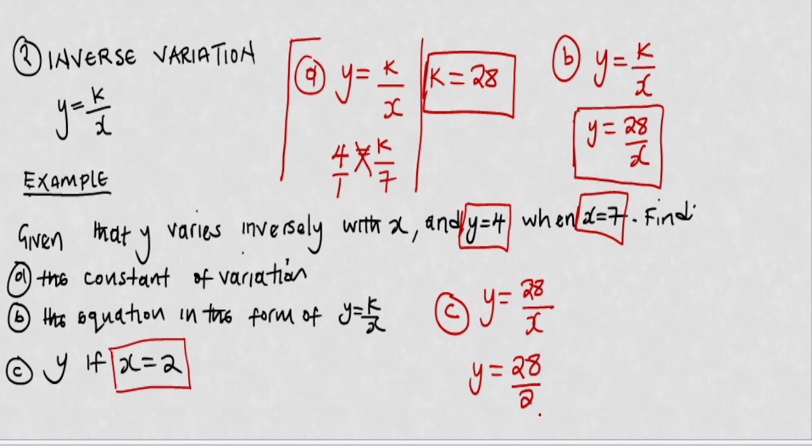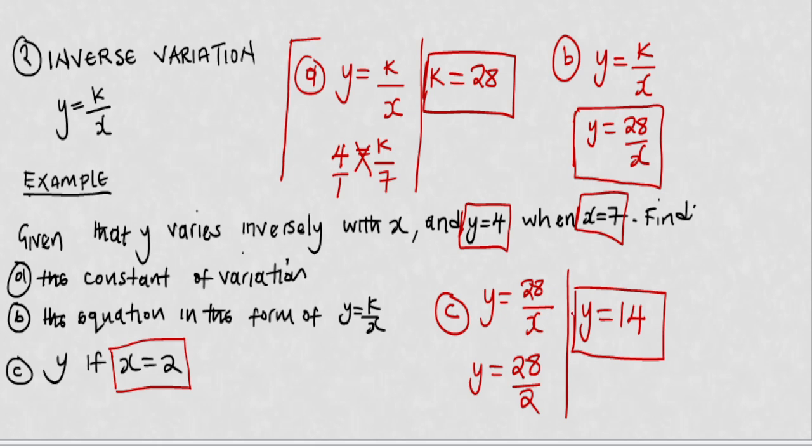So this will be 28 divided by 2. 2 into 28 goes 14 times. So y will be equal to 14. So the value of y here will be equal to 14.